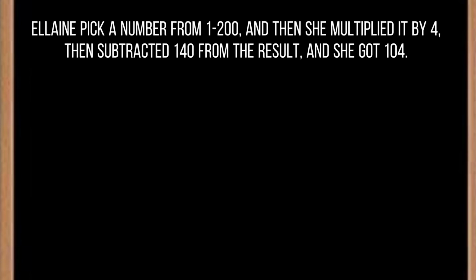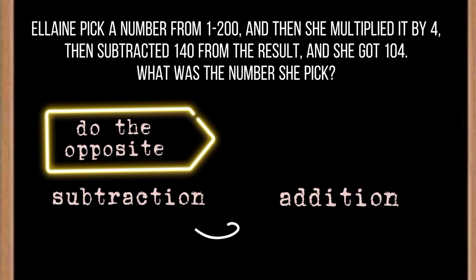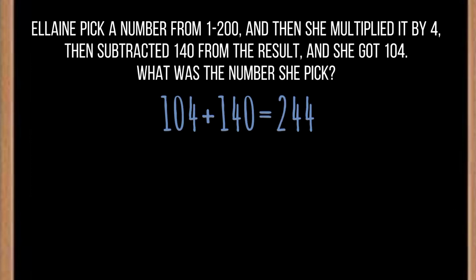We know that 104 is the result. Since we need to start at the end of the problem, it means we need to do the opposite of what is stated. So instead of subtracting 140, since we should do the opposite, we need to add. So 104 plus 140 is equal to 244.